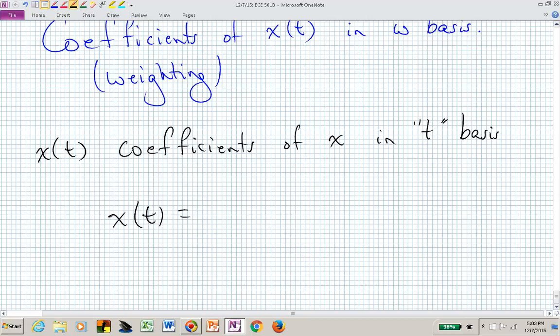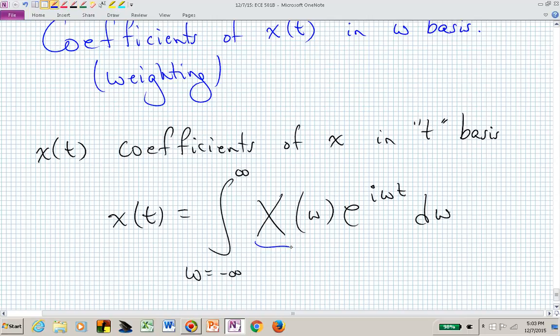we could write as this integral from omega equal minus infinity to infinity of capital X of omega e to the i omega t d omega, where this capital X of omega is really what we were saying was the a of omega before.